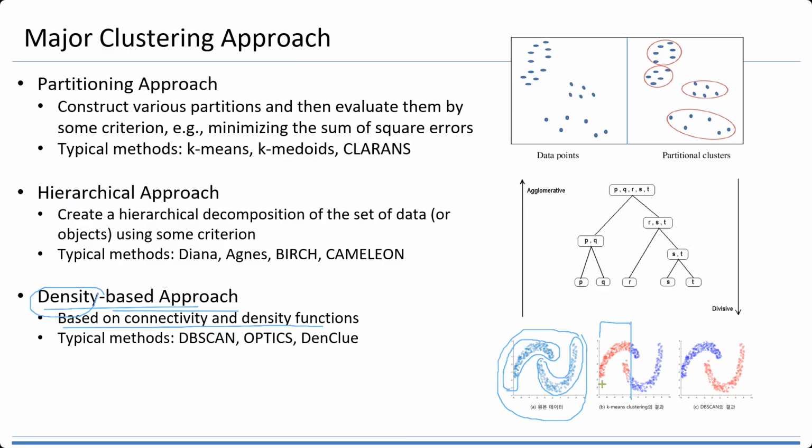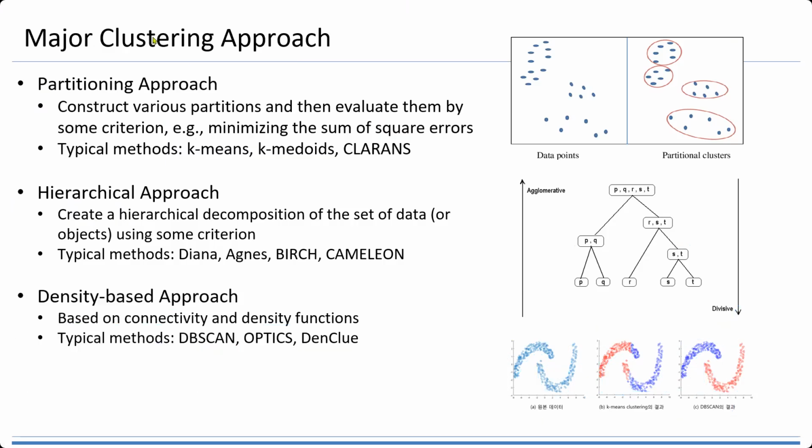The color red is one group, and the color blue is another group. Actually, we know from the shape that it is not red and blue like this one. It should be blue and red like this one. We can use DBSCAN or OPTICS or DENCLUE to get the grouping like this result.